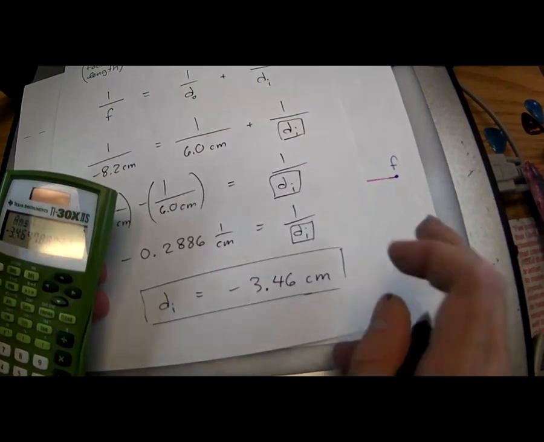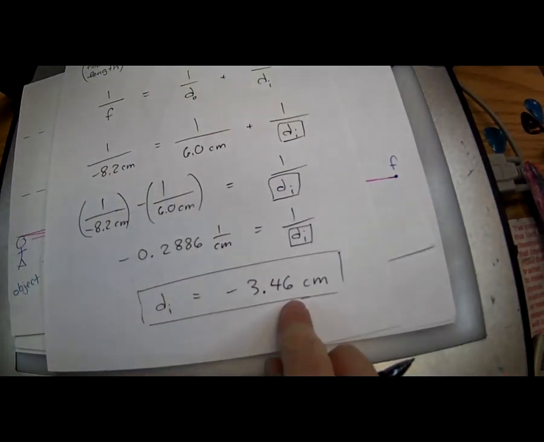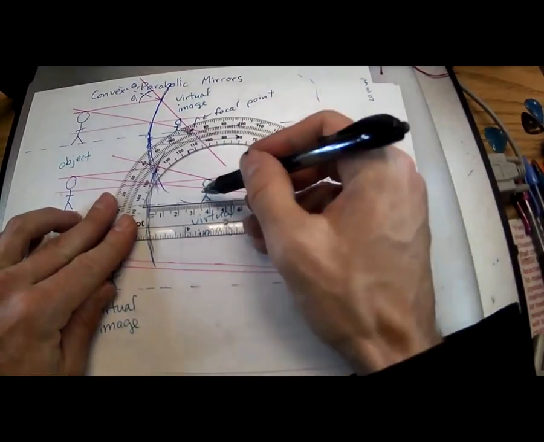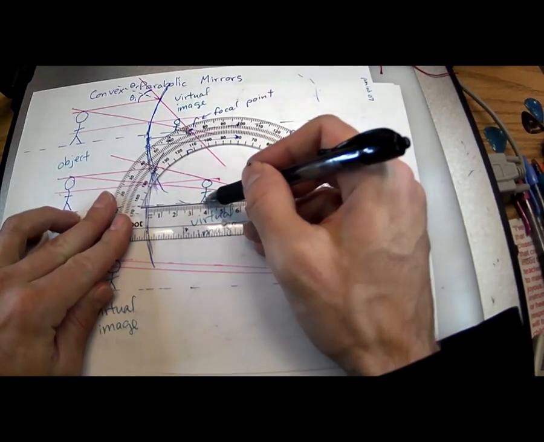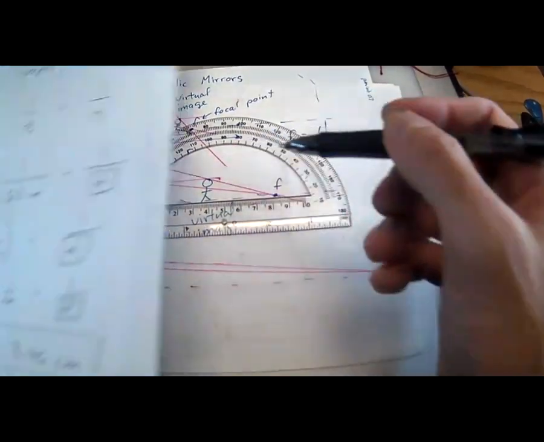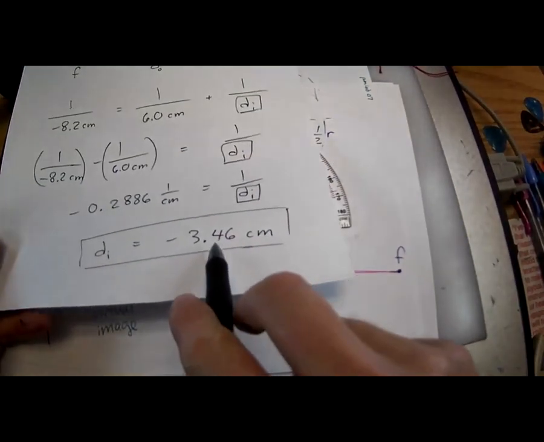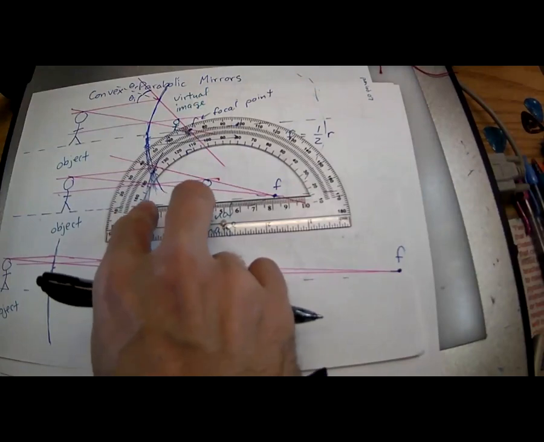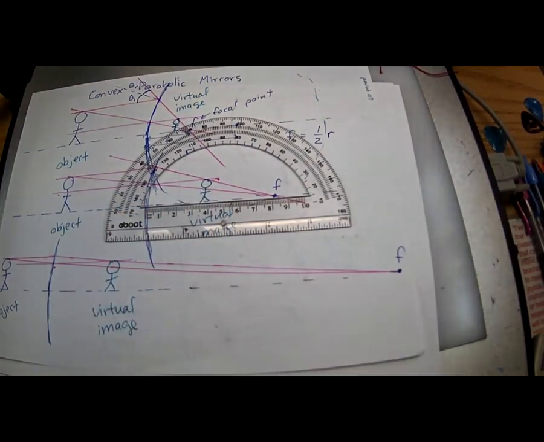Okay, so pretty much 3.5 centimeters on the side of the focal point. Okay. And what was it again? Looking at right here, yeah, my measured value is about negative 3.7. The algebra says it should have been about negative 3.5, if we round it a little bit here. So yeah, pretty much that's exactly where the reflection shows up.